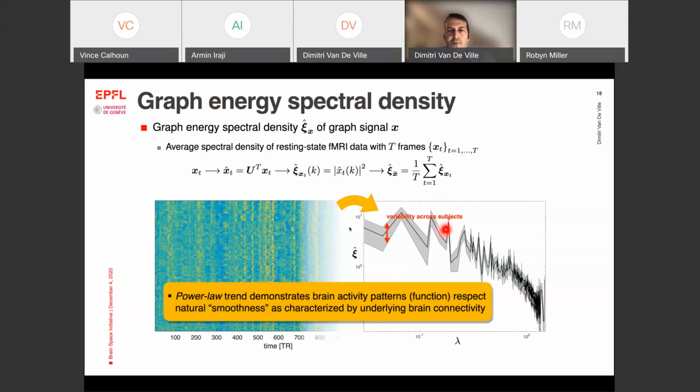It's very satisfying to see, but it's not trivial because the connectivity between the different brain regions is not trivial in terms of, for instance, Euclidean distance, as it is using all the wiring through the white matter. Still, fMRI is relatively smooth with respect to that structural connectivity.